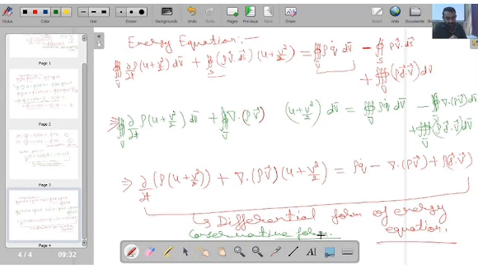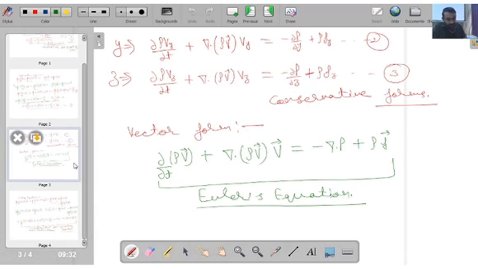All these three equations, continuity, momentum and energy, which I have derived over here, are applicable for a small sized control volume which is fixed in space.